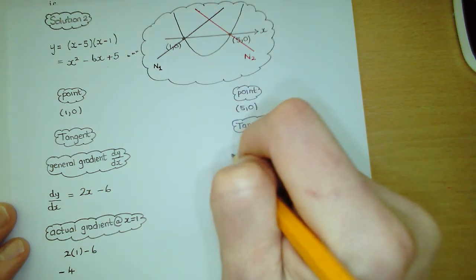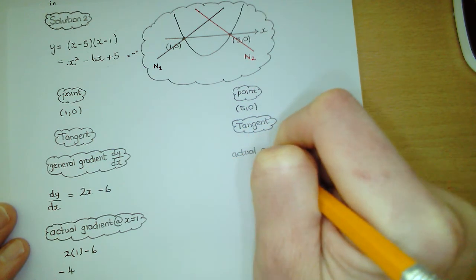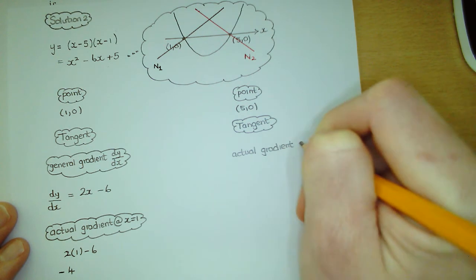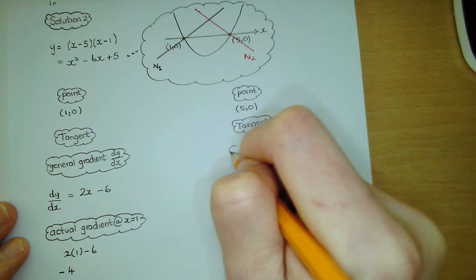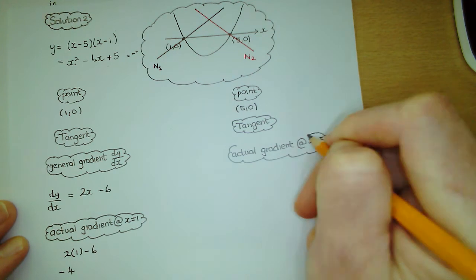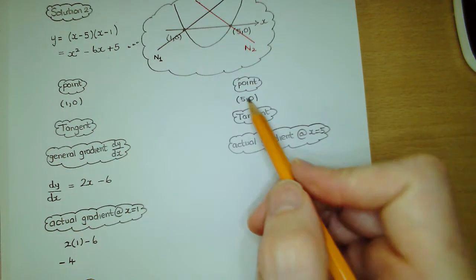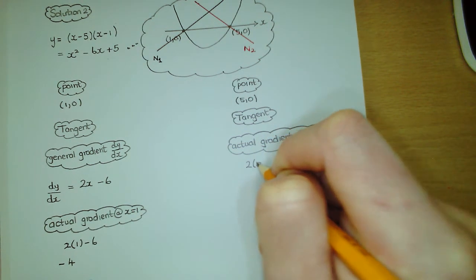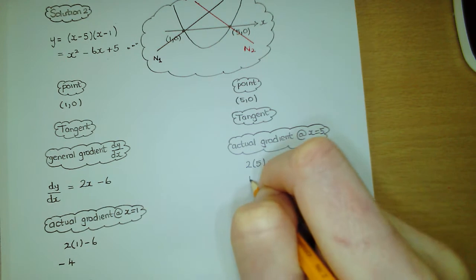So actual gradient at x equals 5. Okay, so put 5 into the general gradient, so we're going to get 2 upon 5 minus 6. 2 5s are 10, minus 6 is going to give us 4.